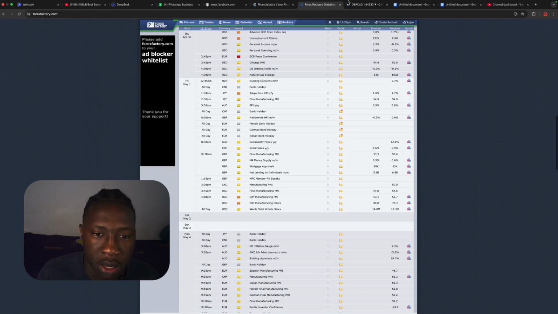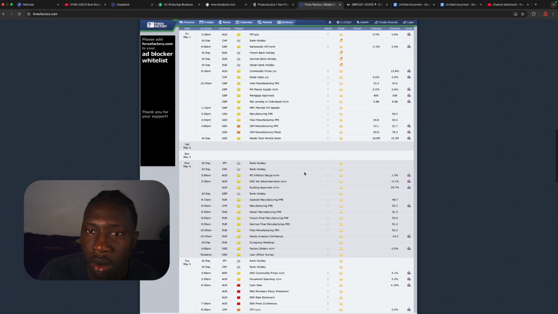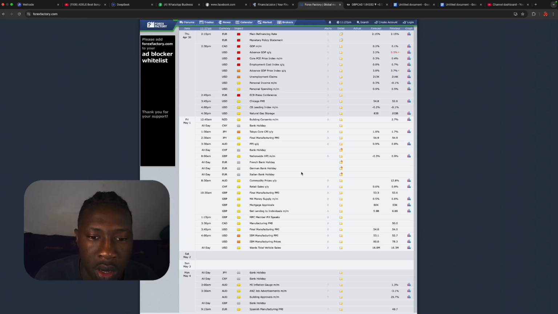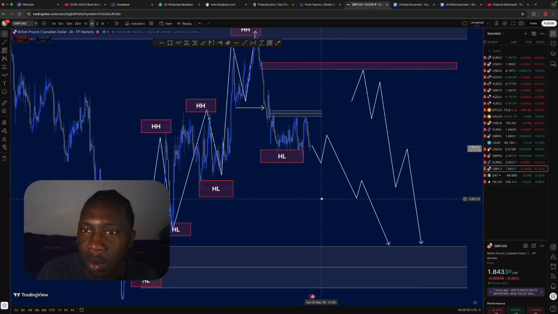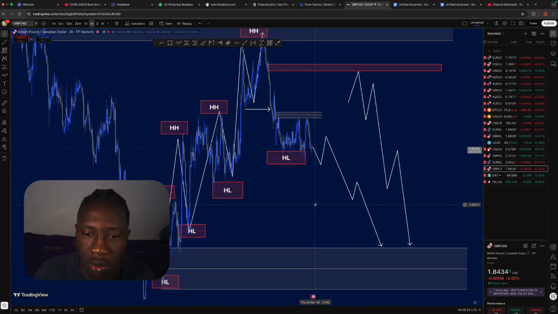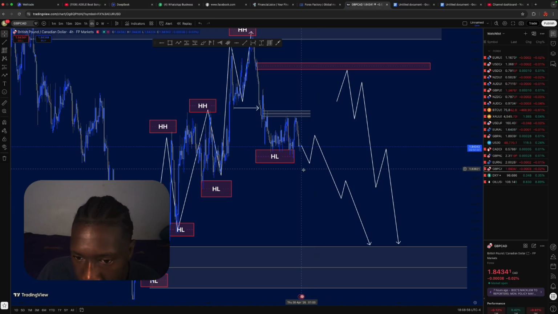the analysis of the market tomorrow, because tomorrow there is no red folder of any currency, so the markets will be continuing in a specific direction.